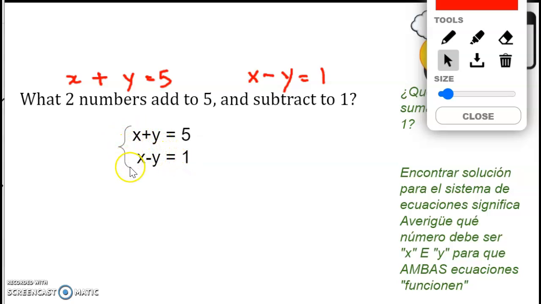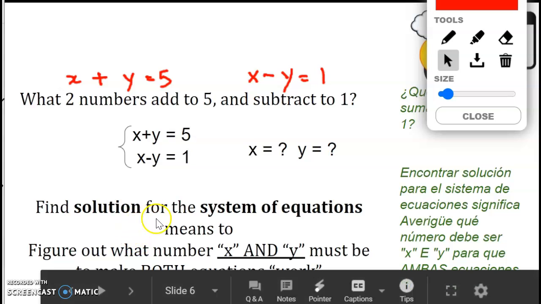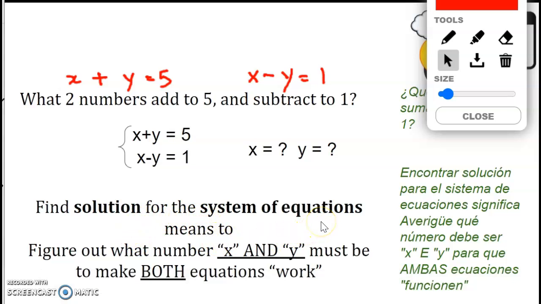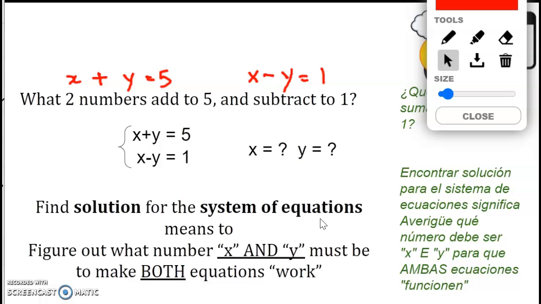When we put the parentheses, we're looking for values of x and y that satisfy both equations. So finding the solution for the system of equations means to figure out what numbers x and y must be to make both equations work, or true.